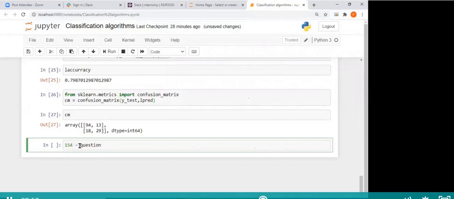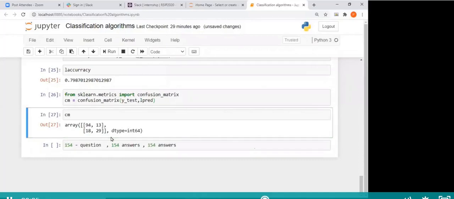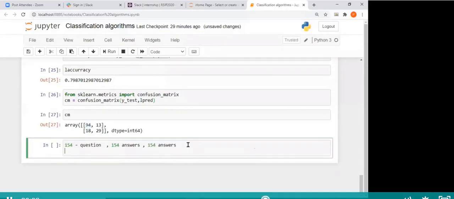These are the 154 test questions. Your model gave 154 answers and your key paper also has 154 answers. Out of which 94, this one, right?